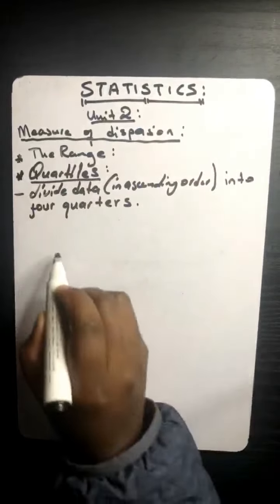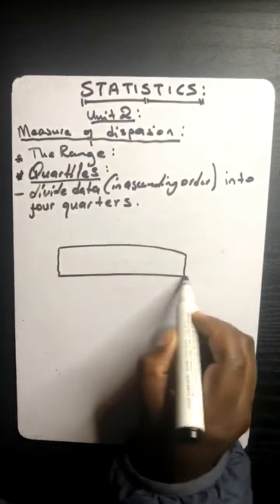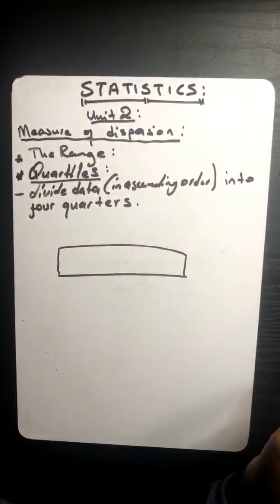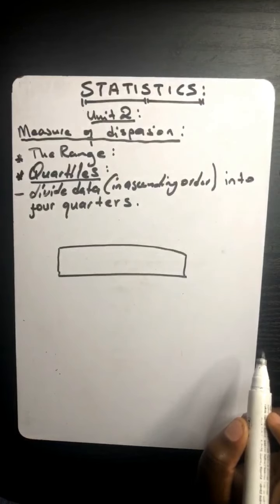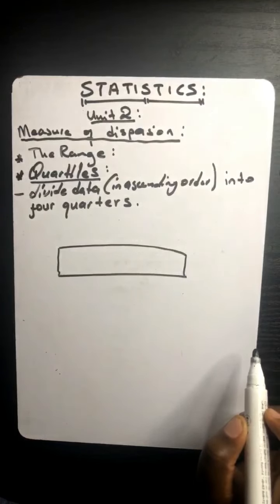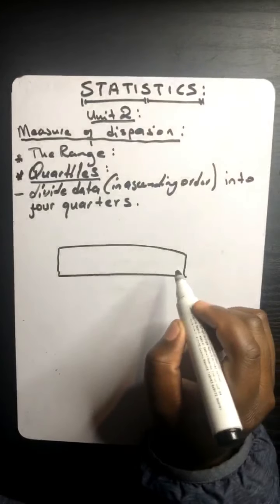Guys, this word quartiles, it means if you have a loaf of bread over there, quartiles will be those lines which divide your loaf of bread into 4 quarters. Let me do those 4 quarters.